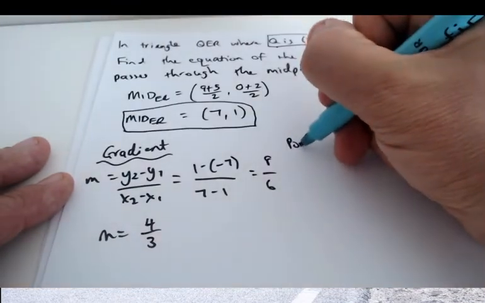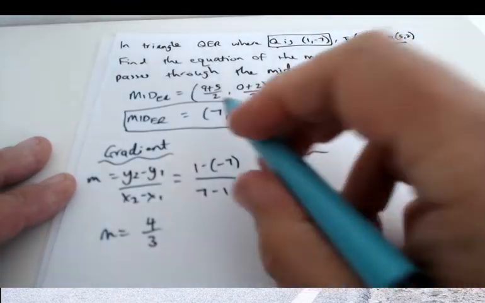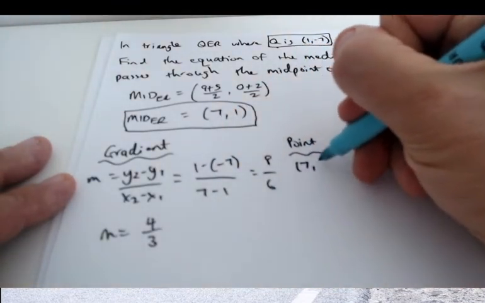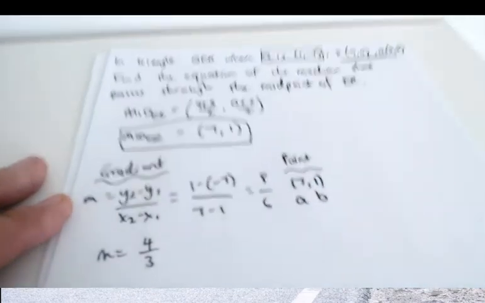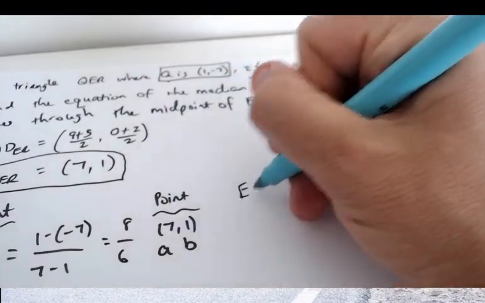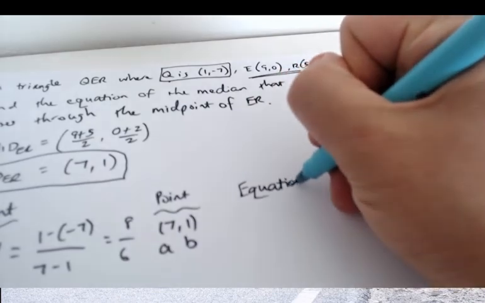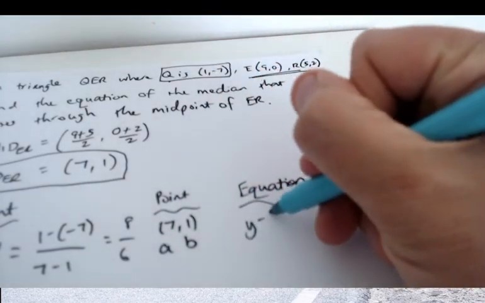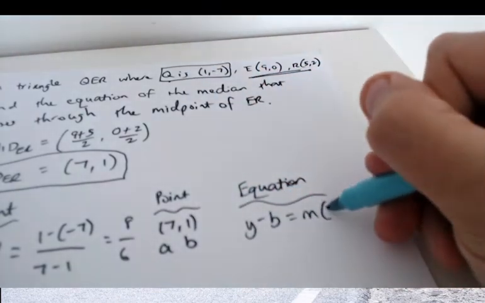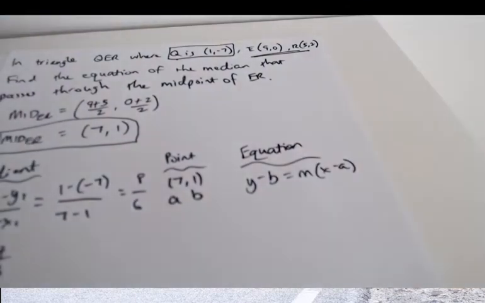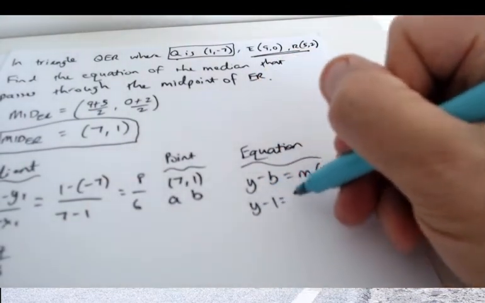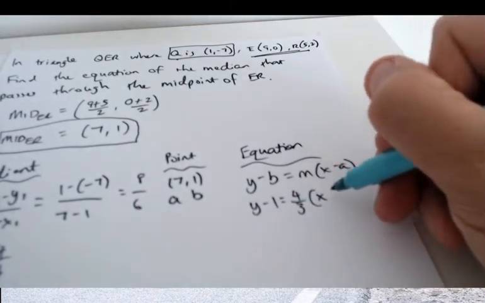Point, well I've got 2 points, I'm going to go with the midpoint, 7, 1, and then equation, fill in your information, y take away 1 will equal 4/3, x take away 7.